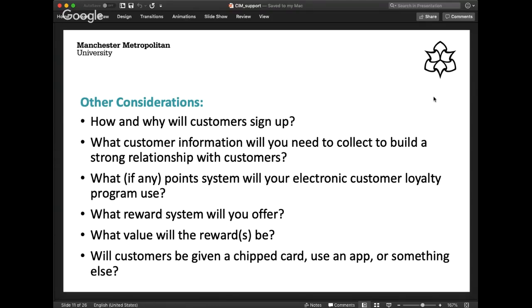What we need to do as marketers in general is collect enough information that we can build a strong relationship, but also not so much information that they feel like they're giving up too much, and also that we are not collecting information that we don't use, because GDPR regulations would not like that. So you should only collect information that you're going to use, and also think carefully what is too much, what is enough, and what is too little.